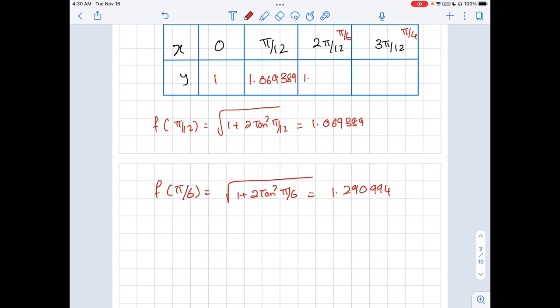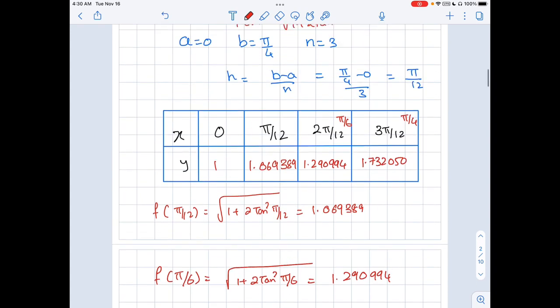I write it there. And finally, f of pi upon 4, the square root of 1 plus 2 tan squared pi upon 4, gives me 1.732050. So those are the values.